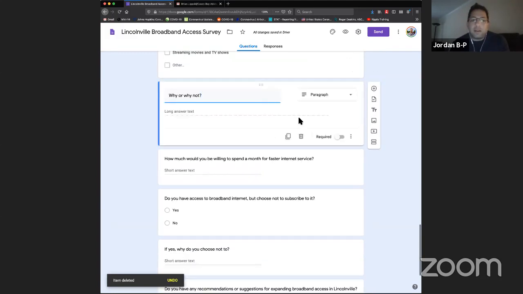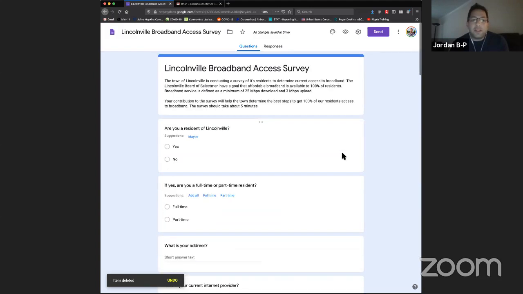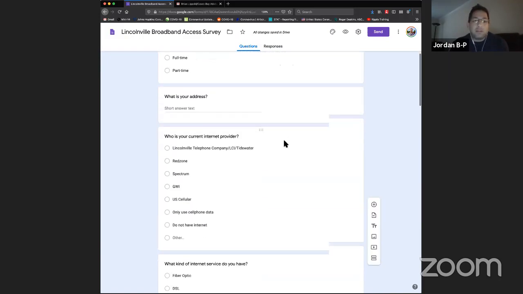If it comes back that not a lot of people in Lincolnville utilize the internet, or that it's not important to them, all these other specific questions, and I'm not saying to get rid of the ones about the internet provider, but does that make sense? There's a litmus for it, and at the very base of it, if the internet is not important to them, or if they don't utilize it on a daily basis, there's not going to be much traction here.